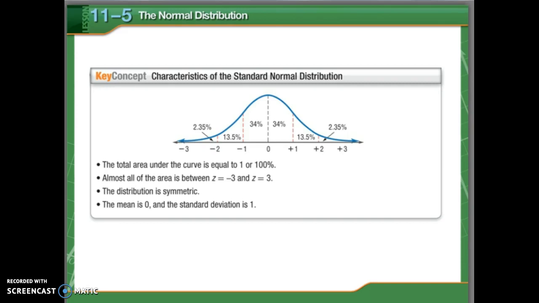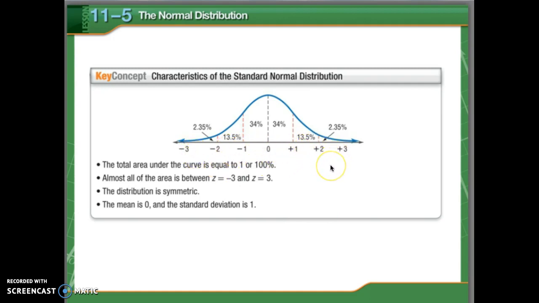So, some characteristics of the normal curve. The total area under the curve is 1 or 100%. We've already talked about that. Pretty much all of the area. So this is a standard normal distribution. The standard one always has a mean of 0, and the 3 standard deviations are the values 1 and -1, 2 and -2, 3 and -3.